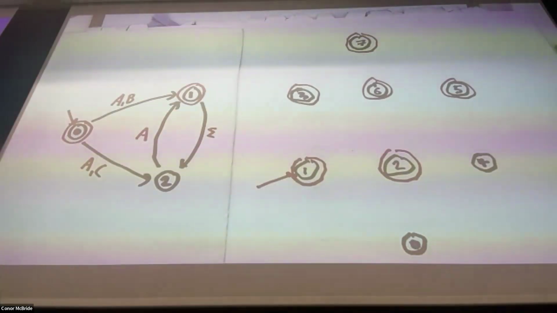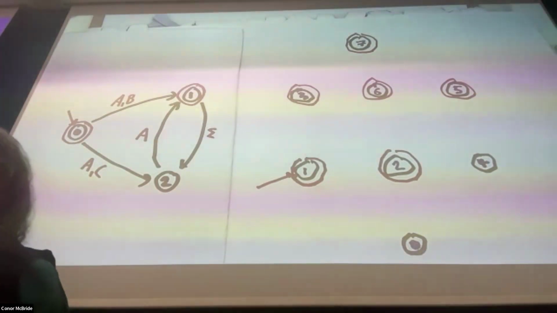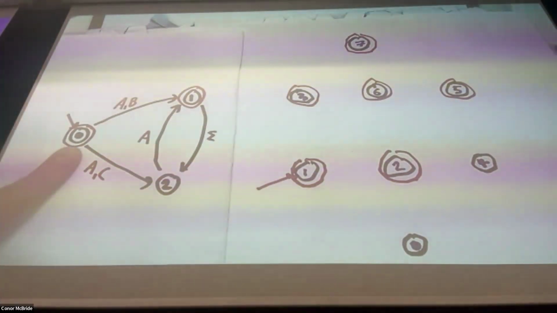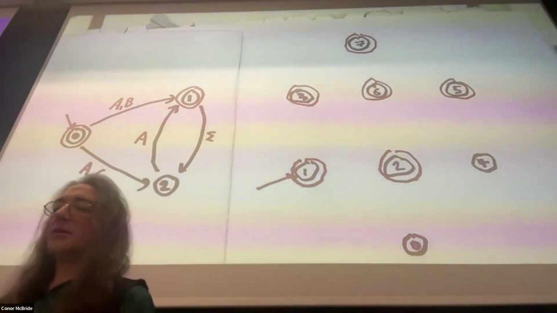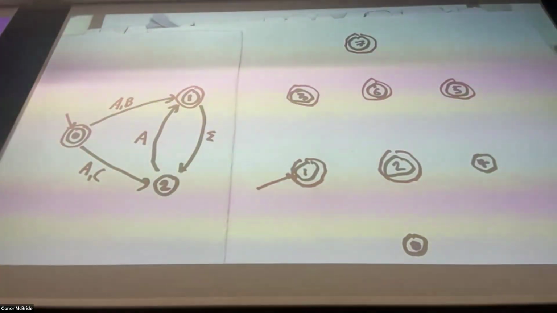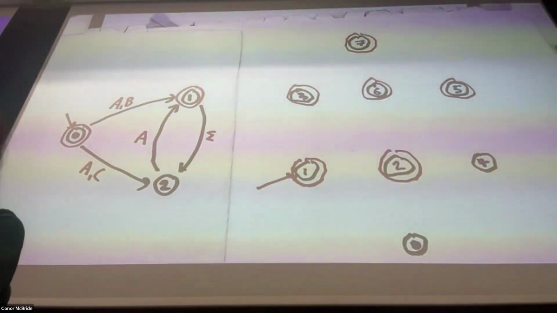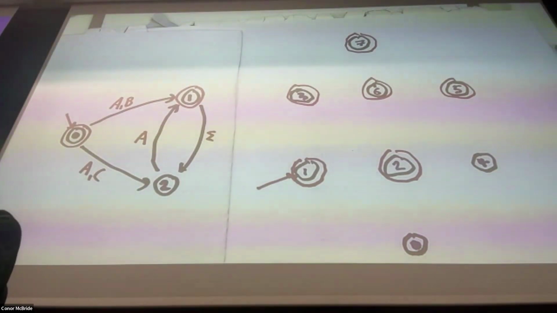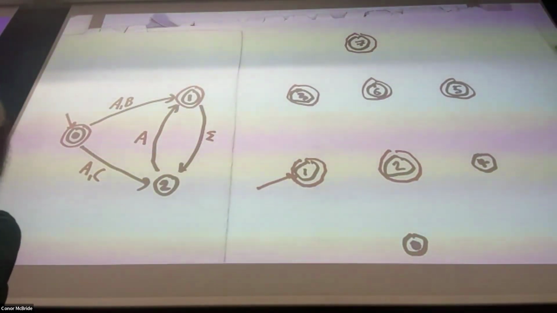Okay, so let's see if we can figure it out. Suppose we're in state 0. If we get an A, where can we get to? What's the set of states we can get to? Well, we can get to state 1 and we can get to state 2.